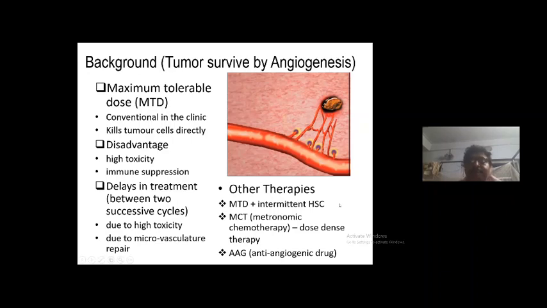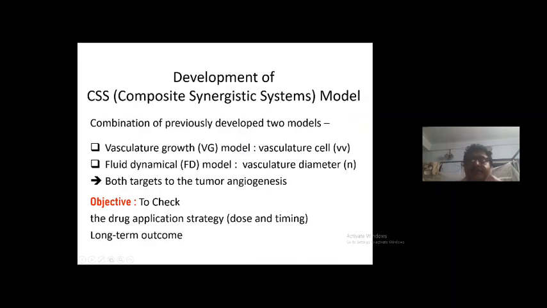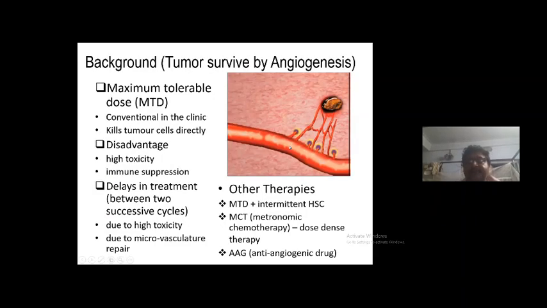So another form of therapy is suggested, that is maximum tolerable dose with intermittent hematopoietic stem cell transplantation. That hematopoietic stem cell transplantation helps in the development of these microvessels.